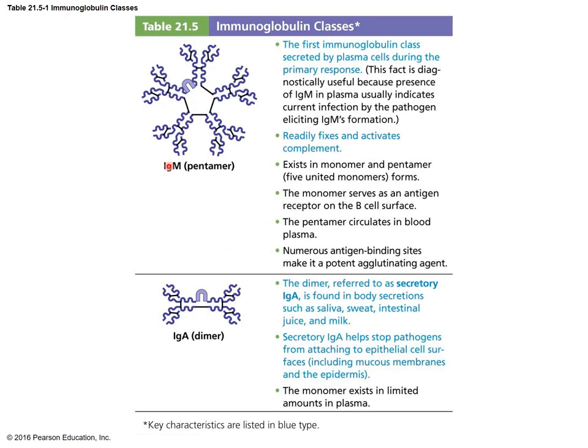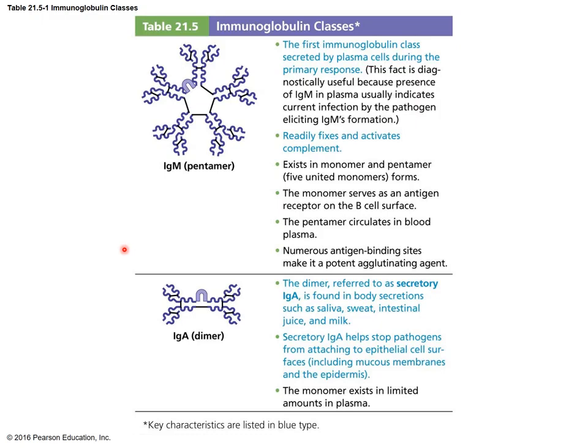IgM is in the shape of a pentamer, so you have 5 of these connected together. This will be the first immunoglobulin that is secreted by the plasma cells when you have your first primary response. So this is the first one that's going to be seen. Usually it exists in that pentamer form.